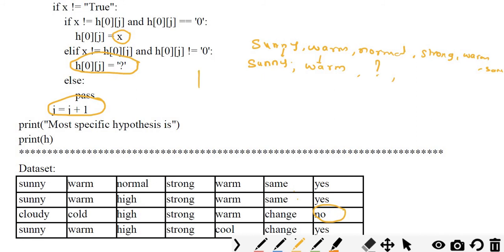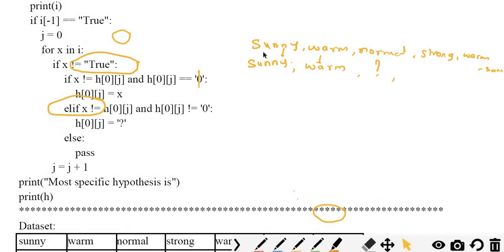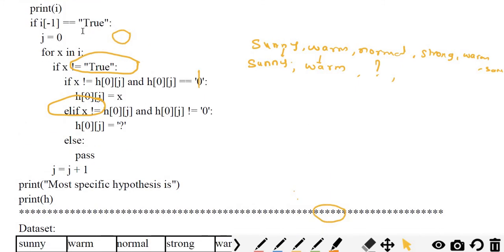Hence, as you can see here in the program, we have to only take true values. True means this one, the last value, which is classified as true.